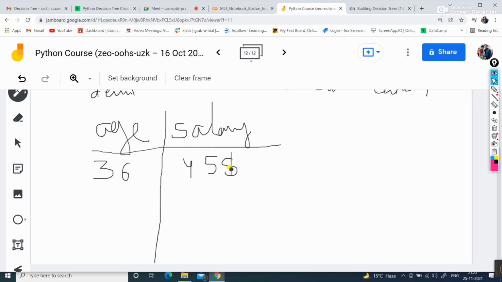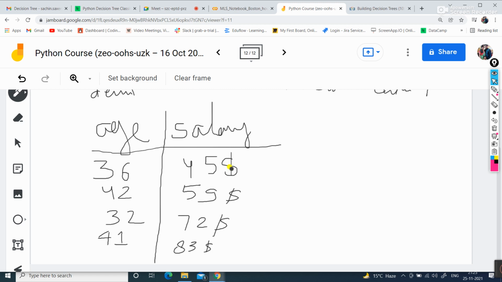Similarly, age is 42, salary is 59. I am having two inputs only. Then age is 32, salary is $72. Randomly data is there. Similarly, age is 41, salary is $83.